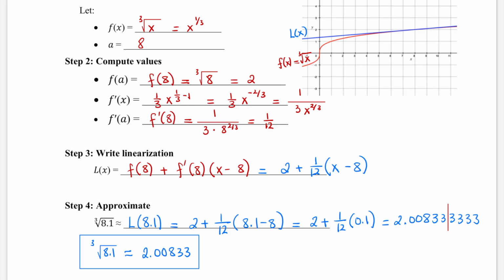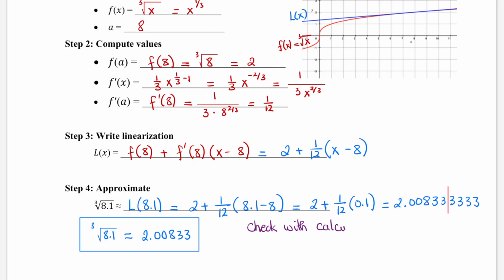Now, let's check with a calculator. If I use the calculator to find cube root of 8.1 directly, I get 2.00829885.